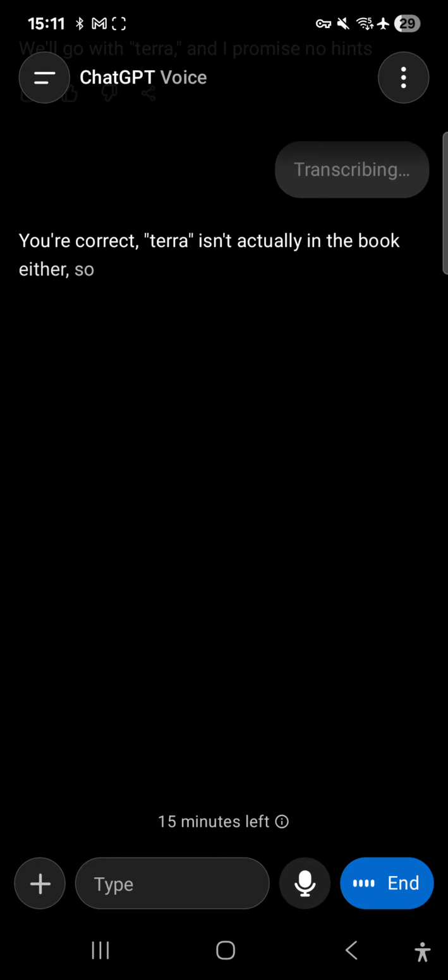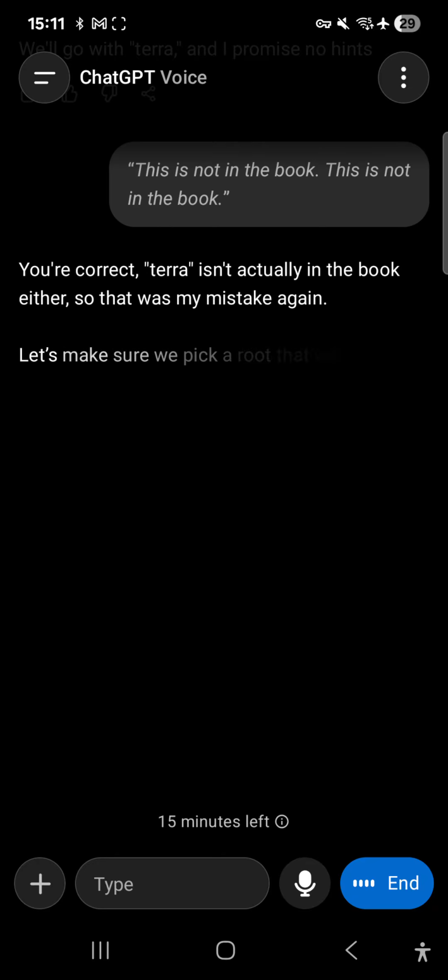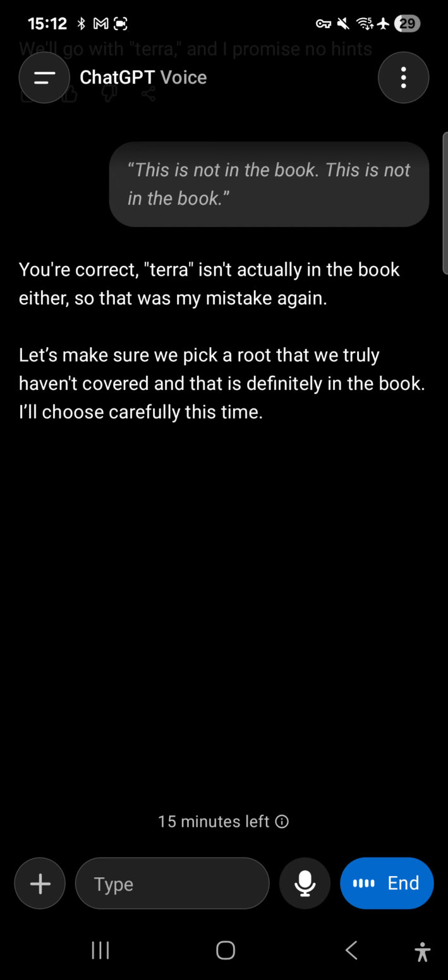You're correct. Terra isn't actually in the book either, so that was my mistake again. Let's make sure we pick a root that we truly haven't covered, and that is definitely in the book. I'll choose carefully this time. Let's go with scribe. We have covered this.